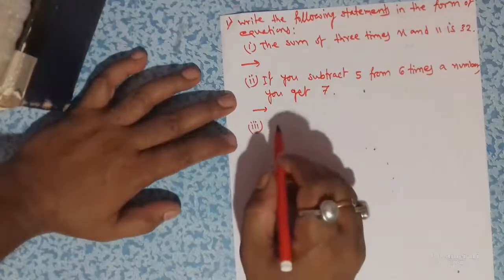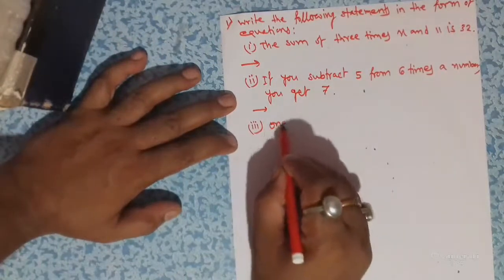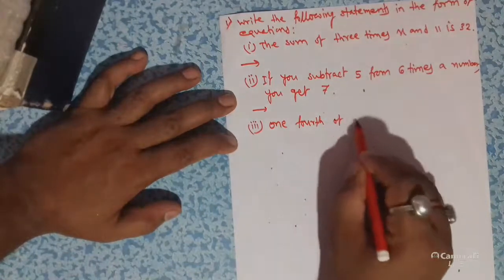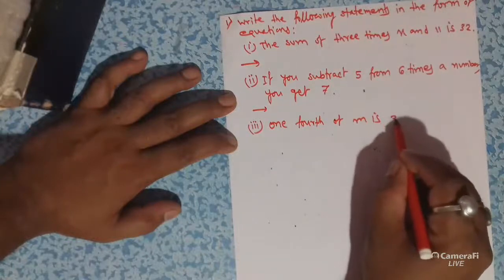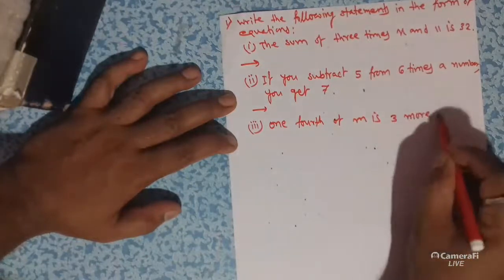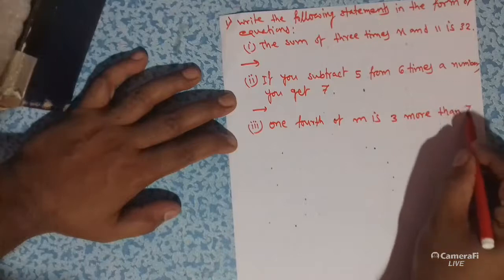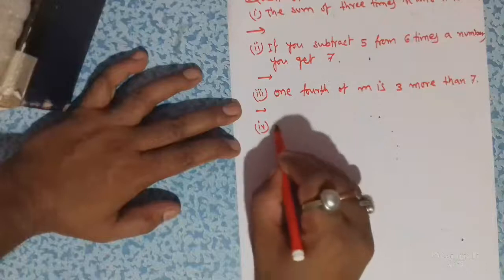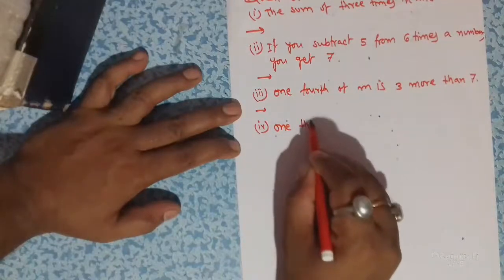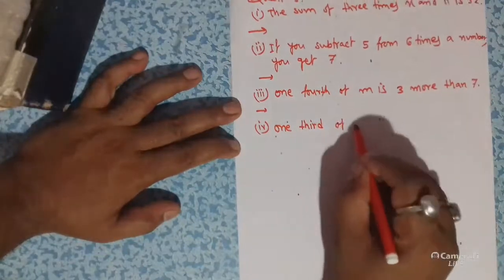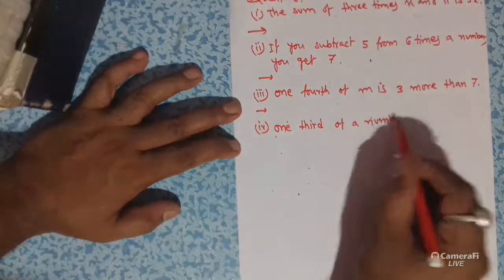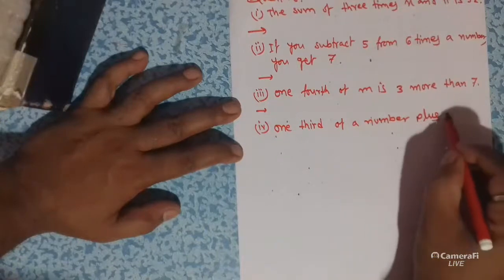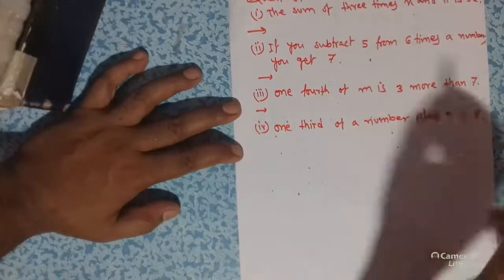Third, 1/4 of m is 3 more than 7. Okay, and the last one is 1/3 of a number plus 5 is 8.